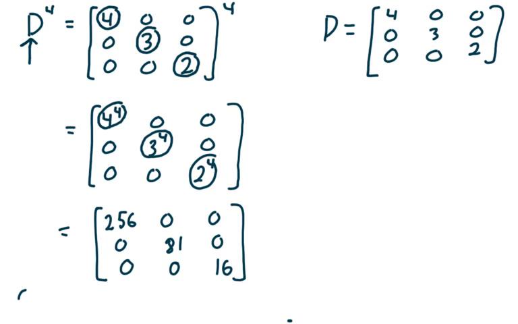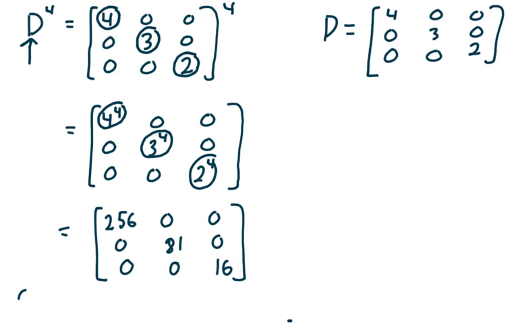And then when I'm finished, this is equal to the matrix 256, 0, 0, 0, 81, 0, 0, 0, 16. And I'm done immediately. So taking a diagonal matrix and raising it to a power is very quick work.